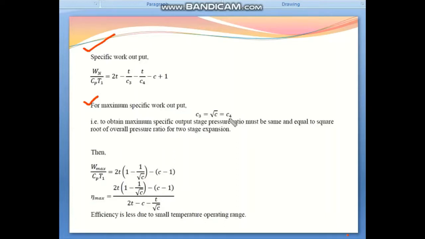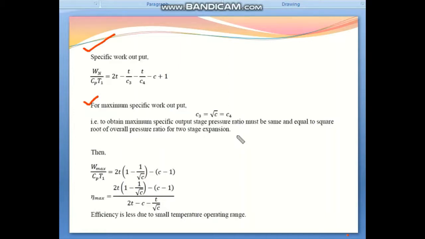We can assume C3 equals C4 equals root over C. So to obtain the maximum specific work output, the pressure ratio must be the same and equal to the square root of the overall pressure ratio for two-stage expansion.